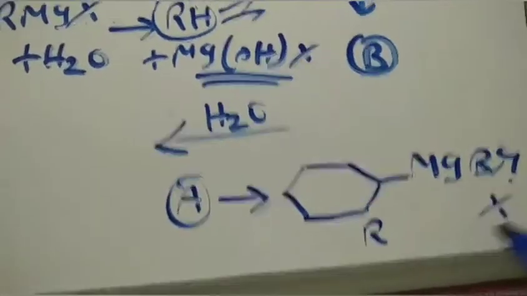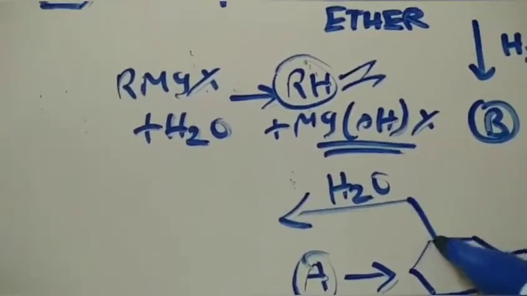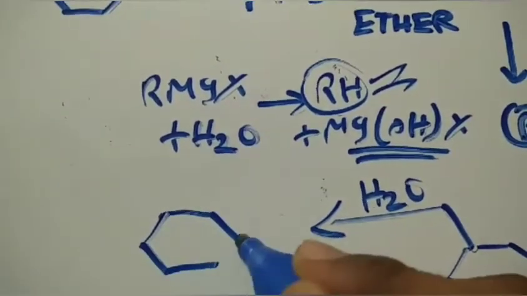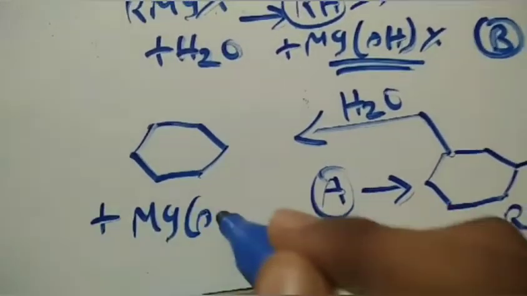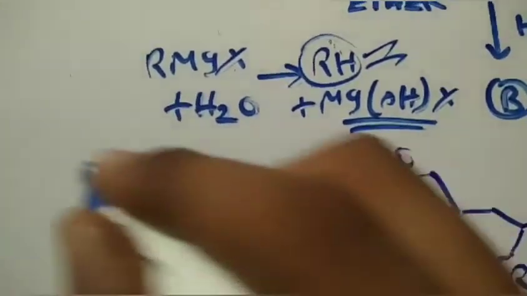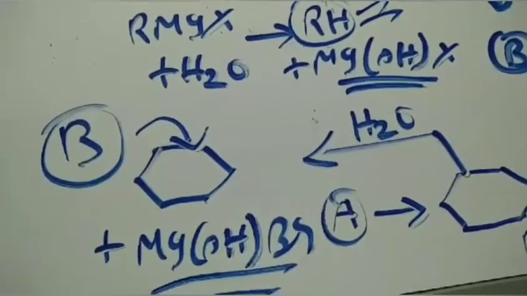So after reacting with H2O you will get this compound, and the remaining is Mg(OH)Br. If you want to write this one, write, or else no need. So this is B, okay, simple. So this is one set of reactions.